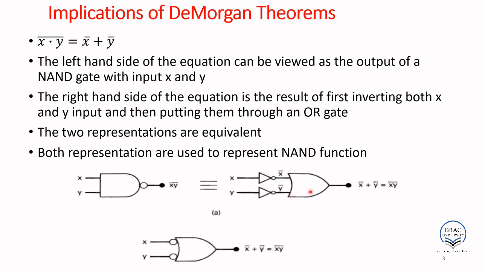And if you use the OR gate, then it becomes x prime plus y prime, equal to (x dot y) prime. On the right hand side, x prime plus y prime, this is an OR with a plus sign, so we need to use an OR gate. So x and y, it becomes x prime plus y prime, which is basically (x dot y) prime.